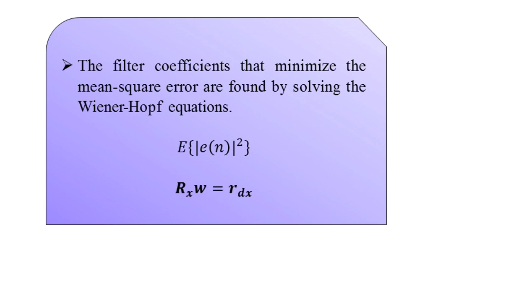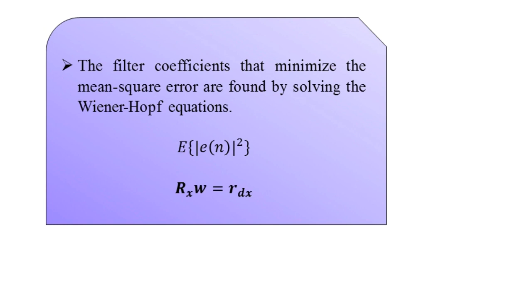So if the desired signal d of n and x of n are considered to be non-stationary, which is our focus, then the filter coefficients that minimize the mean square error, denoted by capital E of mod square of small e of n, will depend on small n, the discrete time index, and the filter will be of the shift varying type here.